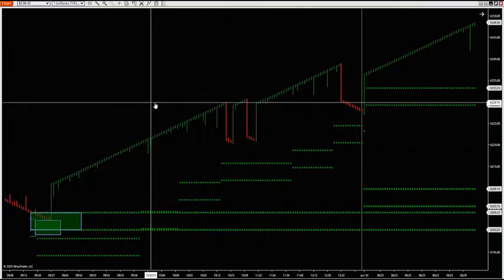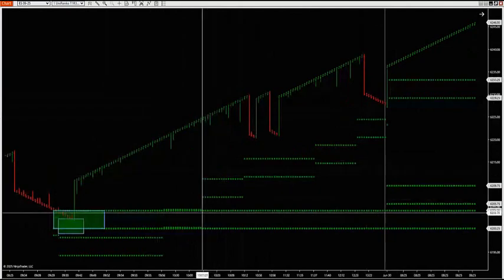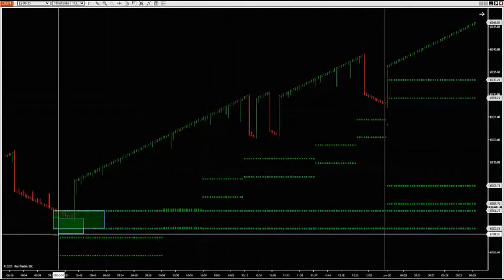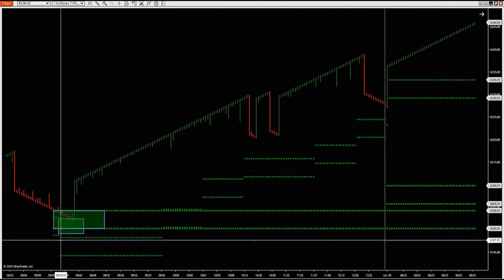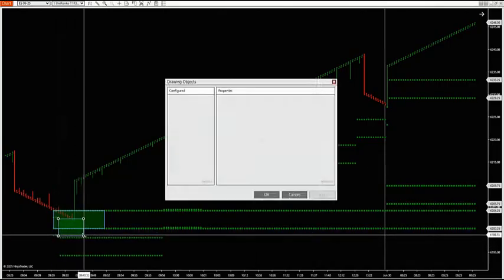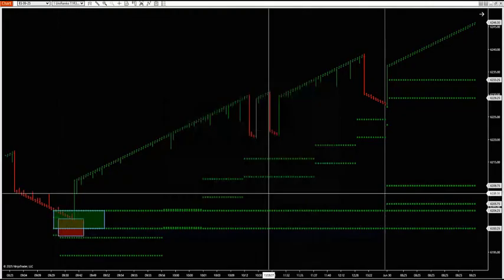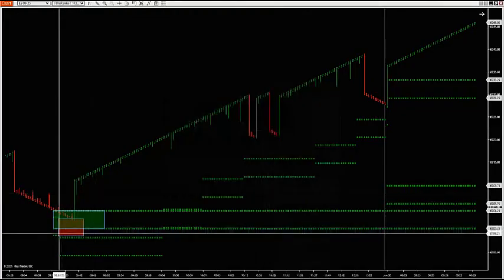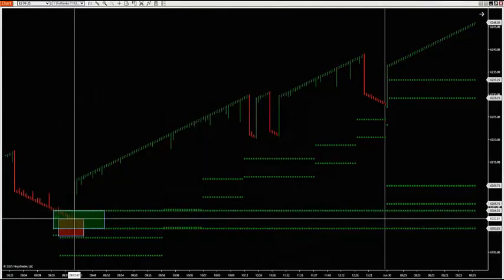So let's take a look at Confluence and what Confluence means. You'll notice that if you get two zones that overlap each other, you get what's called confluence. Let me make this a different color. This happens quite a bit. Let's make this one red. So you can see the 35 zones in red and the 100 zones in green.